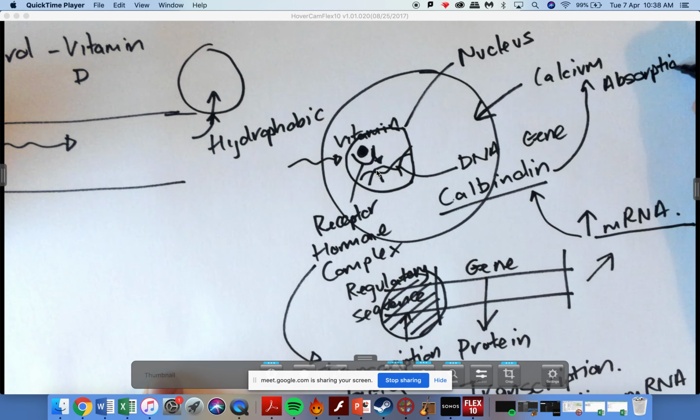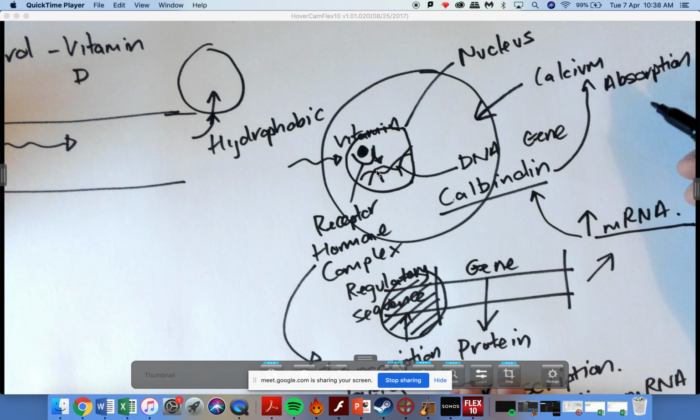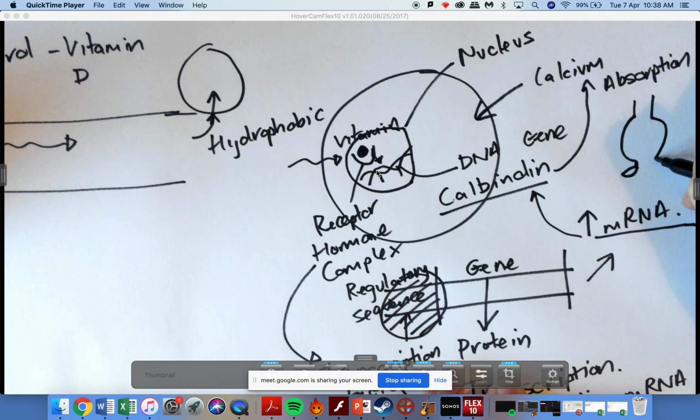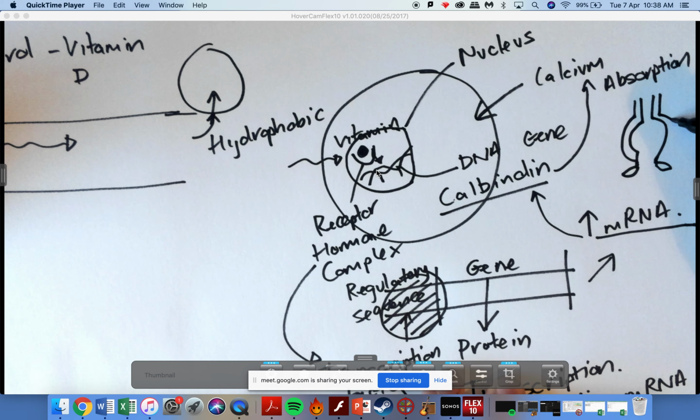So you might remember that we talked about deficiencies before. So if you have legs that become bowed, great diagram of legs here, if you have legs that become bowed out, this was called rickets.